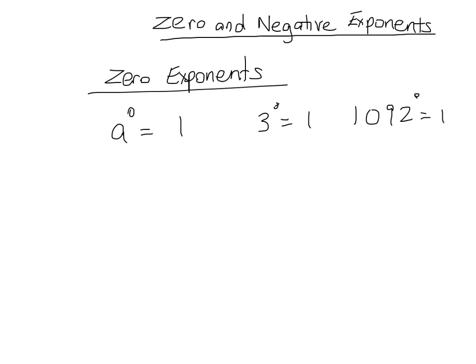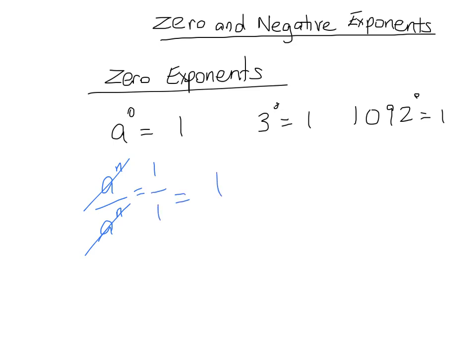If you are wondering why, let's go over a little baby proof here. It's not a real official proof, but so you can see why. If I have a to the power of n, and I divide it by a to the power of n, my a to the n would cancel and I would get 1 over 1, or just 1, simply.